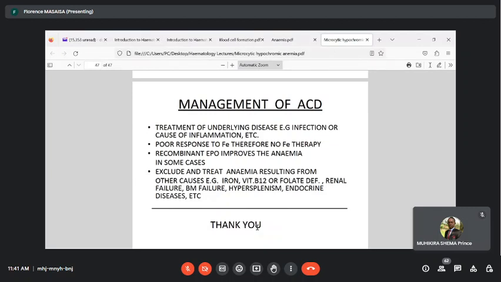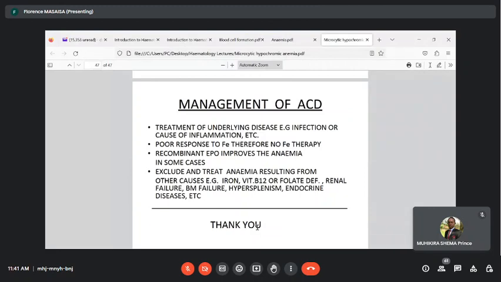anemia. How do we treat it? We treat first the underlying condition, which may be either infection or inflammation, cancer and anything like that. They have poor response to iron, so no iron therapy is needed.